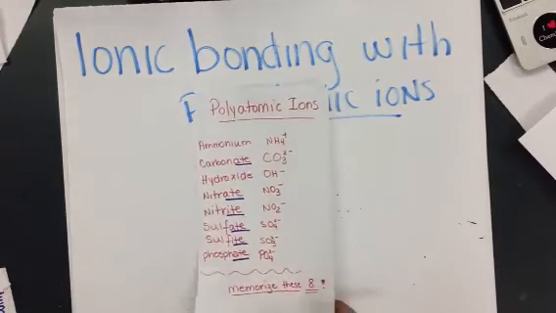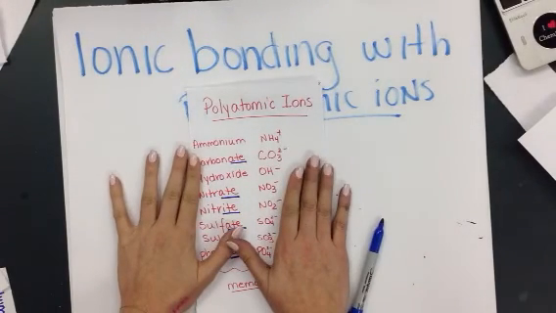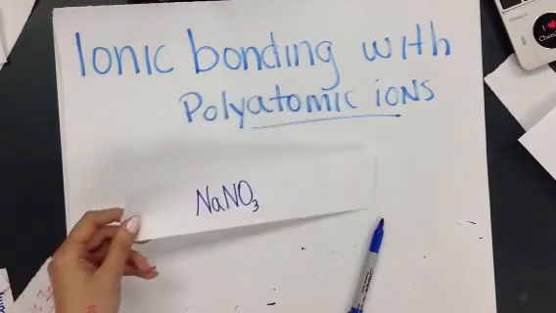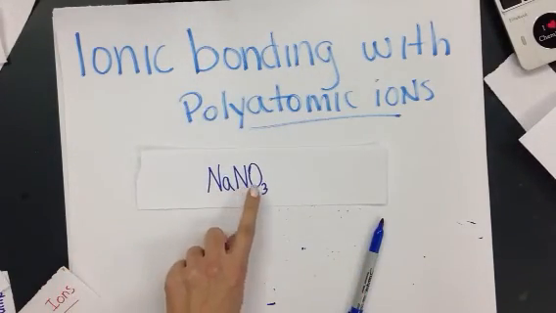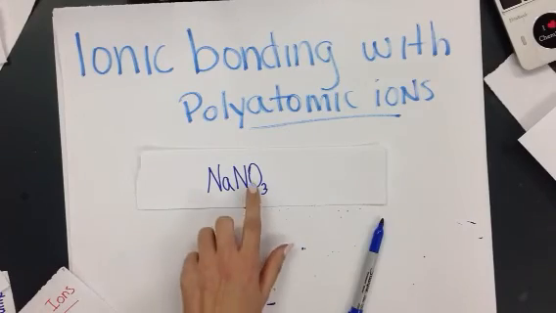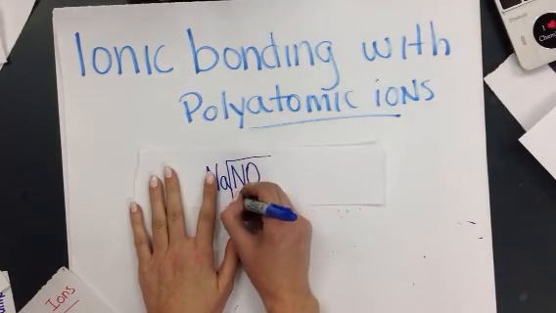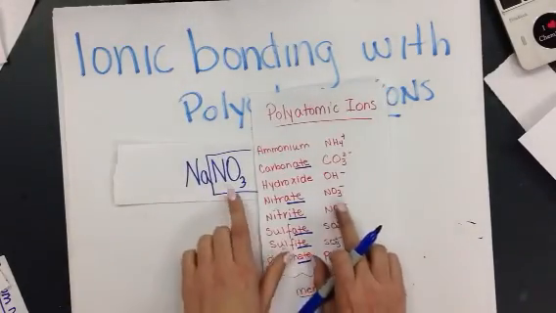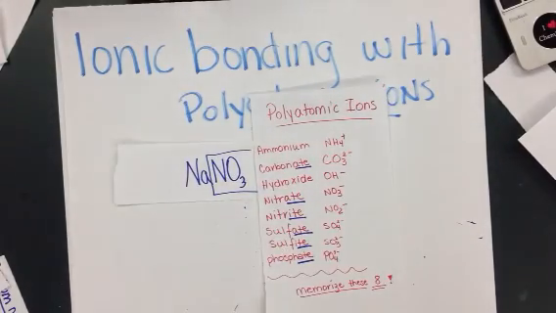Again, these can be confusing, so that's why we memorize them. You don't want to look at something and call the sodium nitrogen oxide. Notice two capitals by each other is a polyatomic ion, right? Two capitals by each other. That's the end of the video.